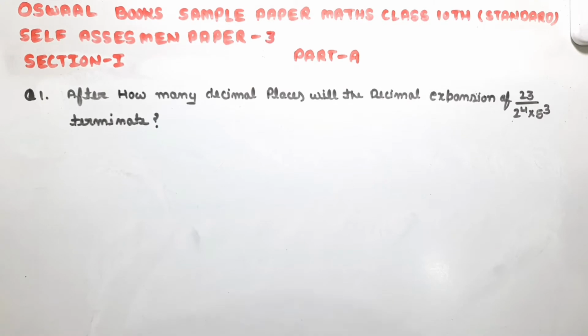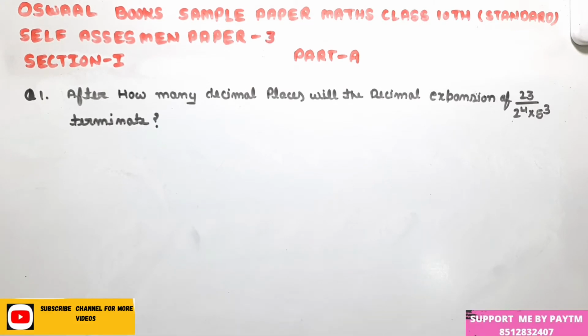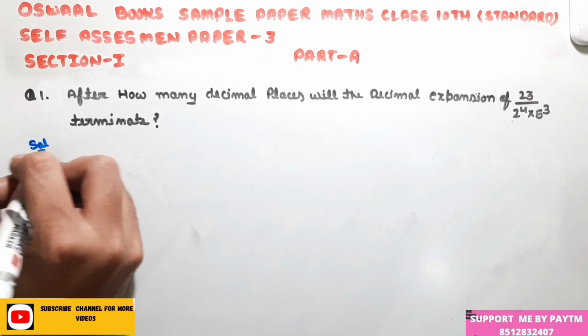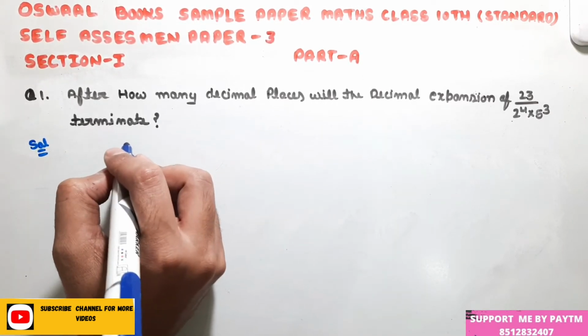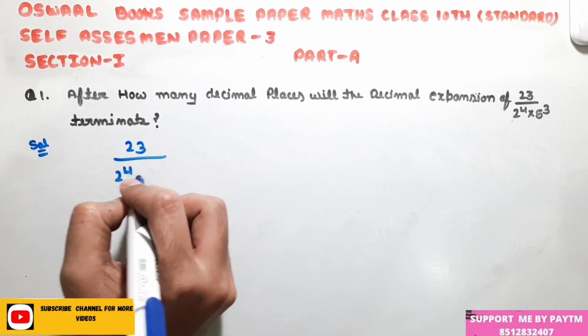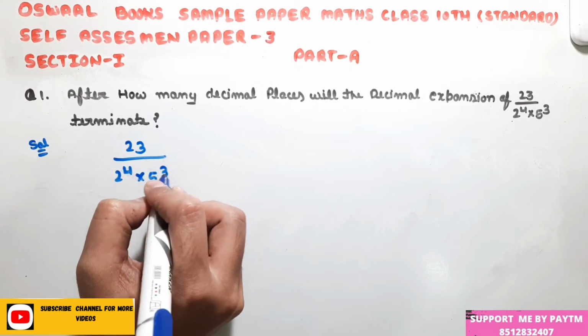Question 1. After how many decimal places will the decimal expansion of 23 upon 2 to the power 4 into 5 to the power 3 terminate? In this problem, we have given 23 upon 2 to the power 4 into 5 to the power 3.